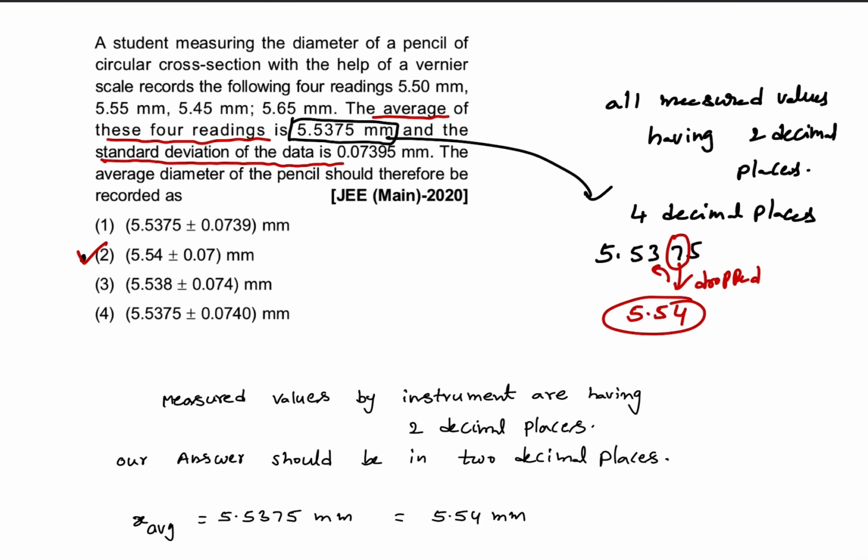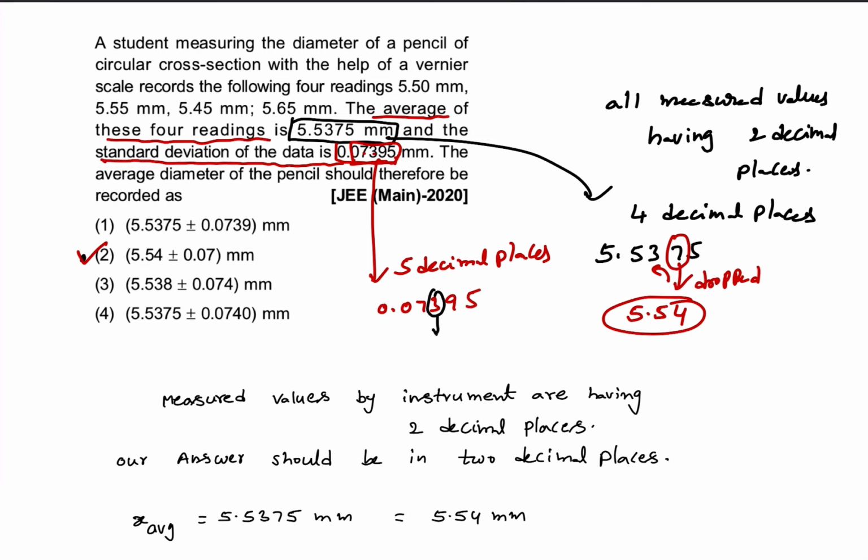Similarly, the standard deviation of the data can be calculated to get the value of the error. The error is 0.07395. How many decimal places are there here? 1 2 3 4 5, 5 decimal places.